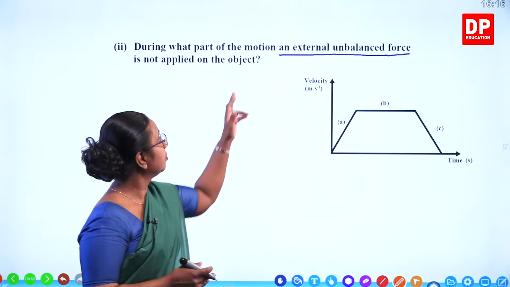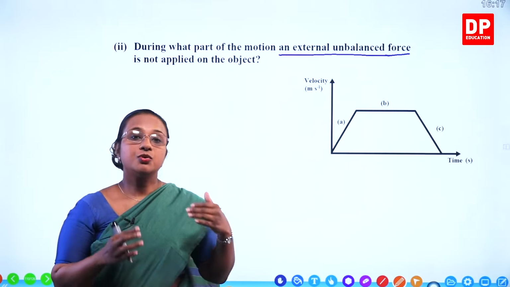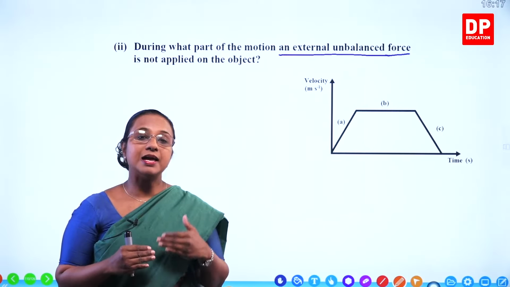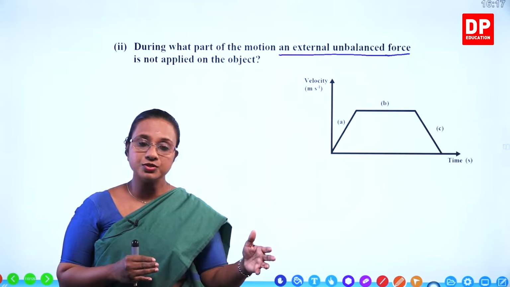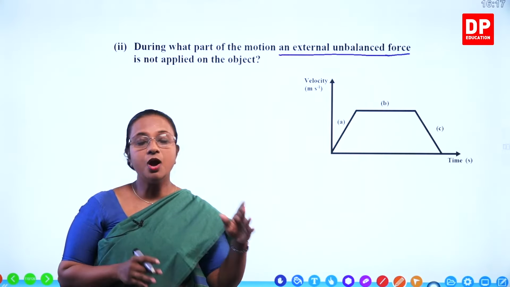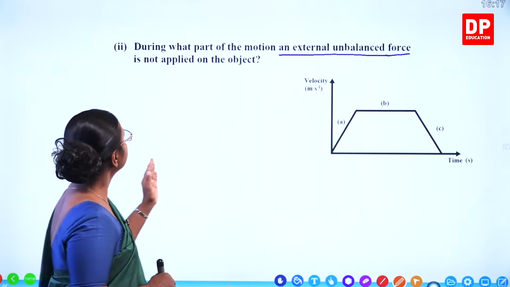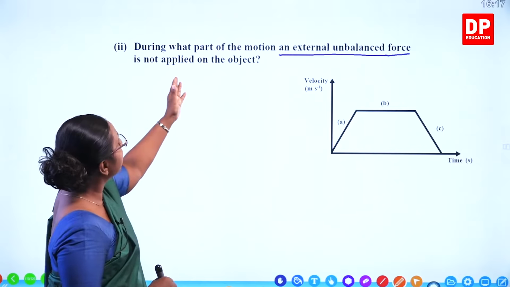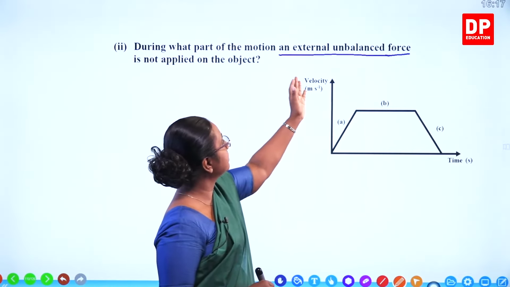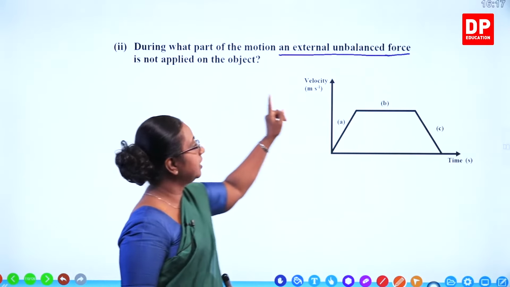That is also an external unbalanced force. So, if you don't apply an external unbalanced force, an object will move with uniform velocity or it will be at rest. So, here the question is, during what part of the motion is an external unbalanced force not applied on the object?